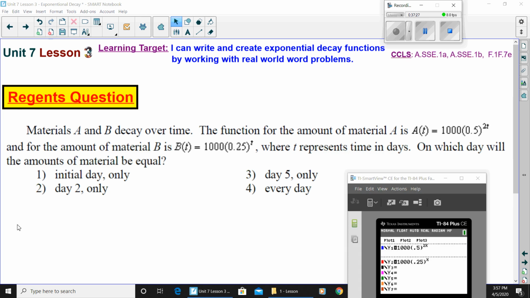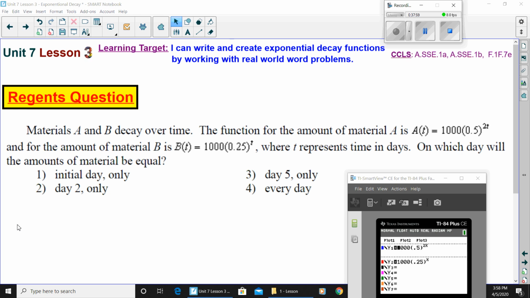So whenever you get a little confused about anything as far as Regents questions go, you have your calculator. So you're just putting whatever it is into the calculator. So it says materials A and B decay over time. The function for the amount of material A is A of T equals 1000 times 0.5 to the 2T.